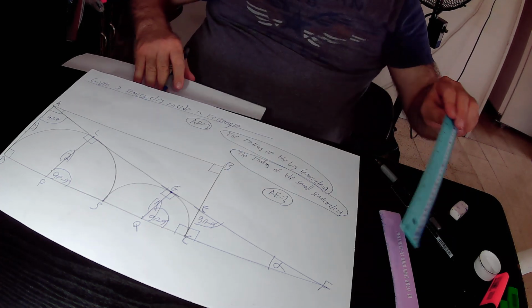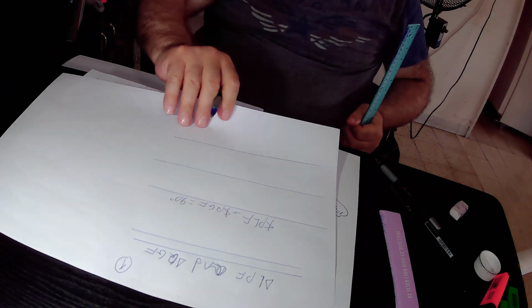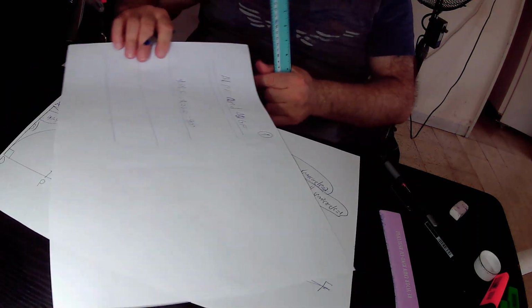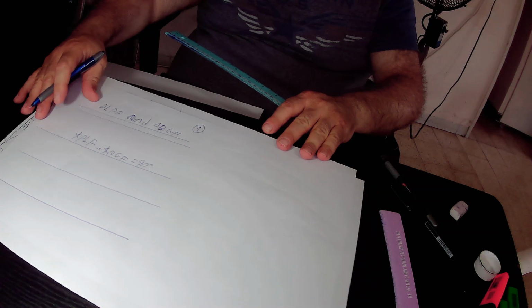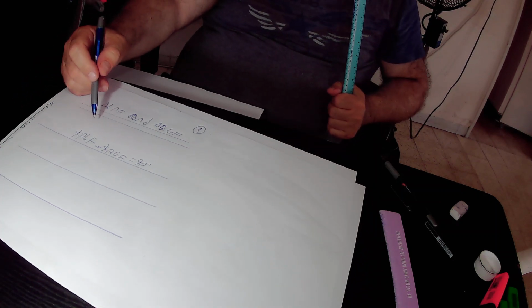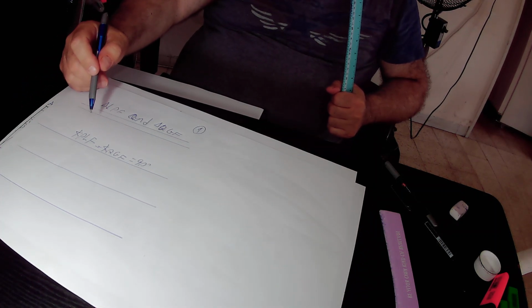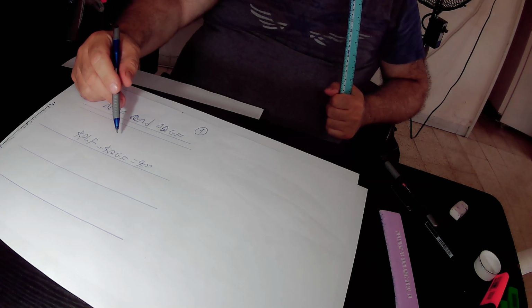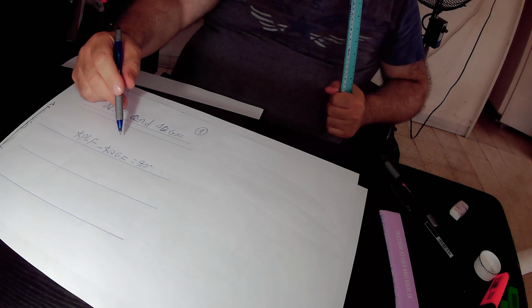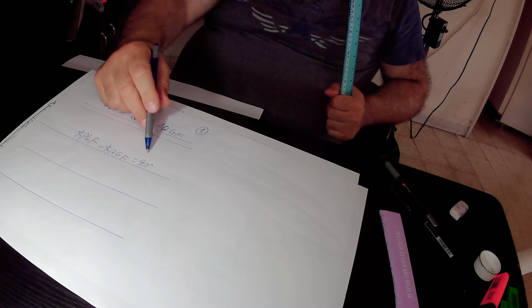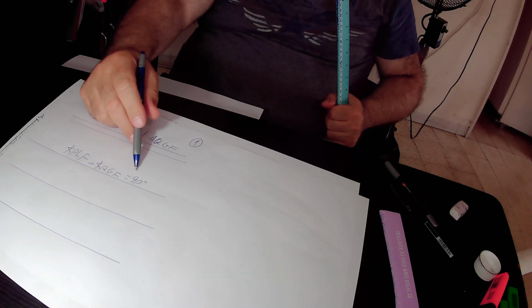Repeat again. We found out that angle PLF in the big triangle LPF equals angle QGF in the small triangle QGF, they are both equal to 90 degrees, therefore they are equal to each other.